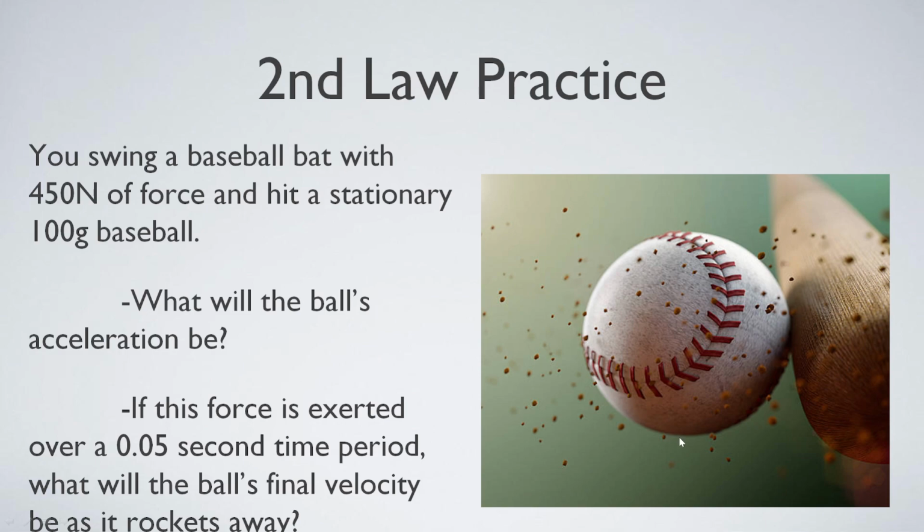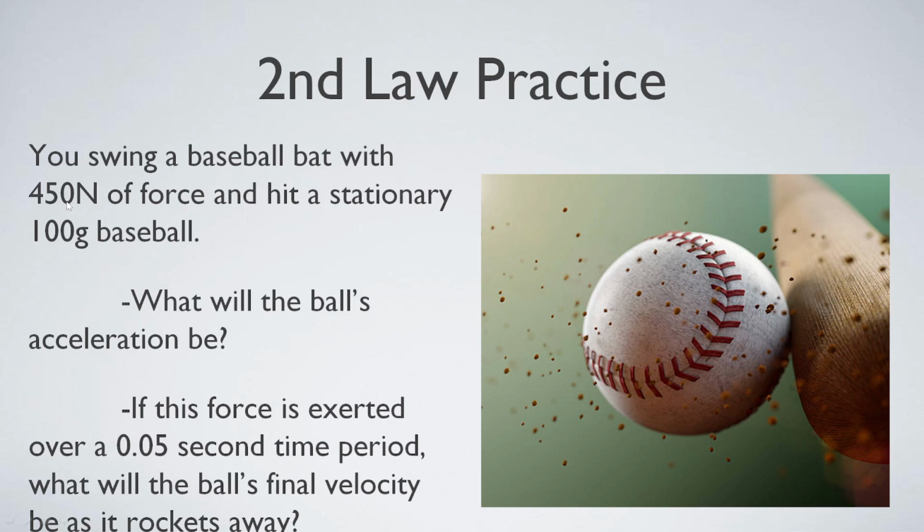If the object was in the air, like it had been thrown at you, then gravity would be pulling down on it, but that downward gravity wouldn't be interfering with the sideways swing of the baseball bat, because again, vectors only directly add up in their own axis. So as long as the ball is in horizontal equilibrium before you hit it, the net force of 450 newtons in whatever direction would still apply.